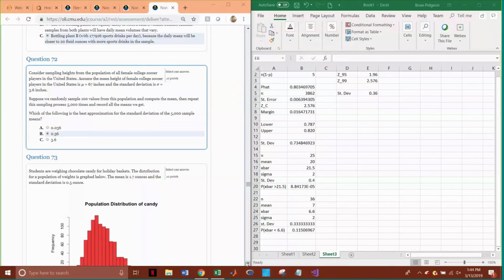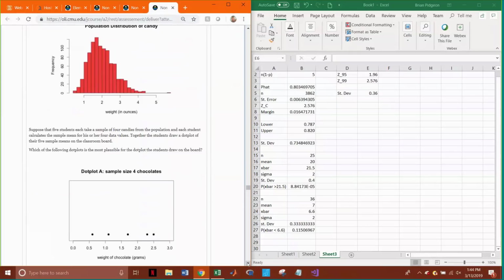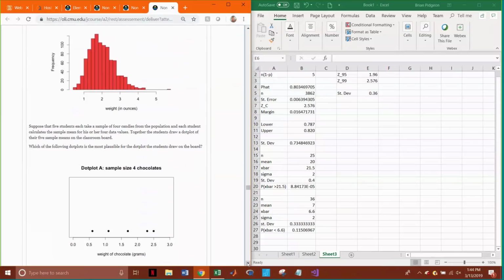All right, so students are weighing chocolate candy for holiday baskets. The distribution for a population of weights is graphed below. Suppose that 5 students each take a sample of 4 candies and they make a dot plot of their 5 sample means on the classroom board. Which of the following dot plots is the most plausible?